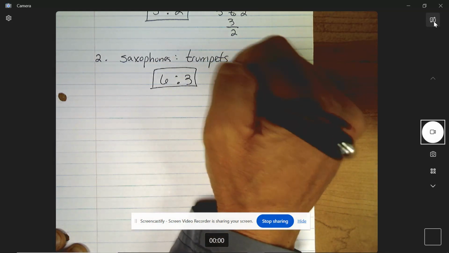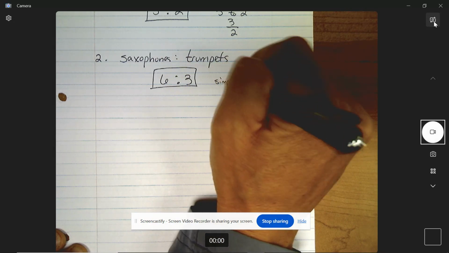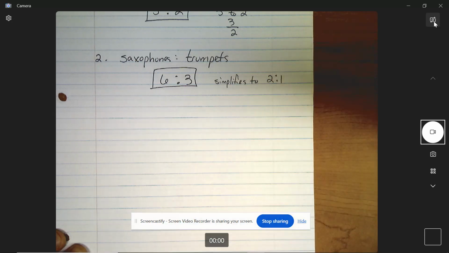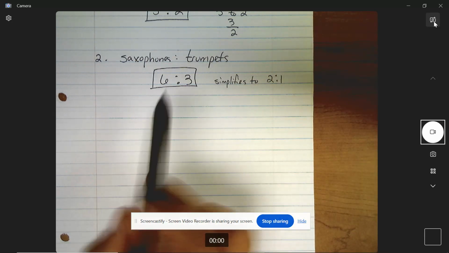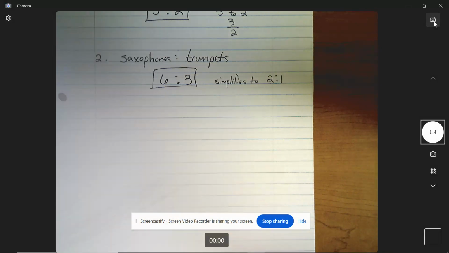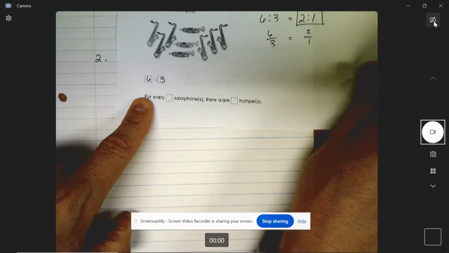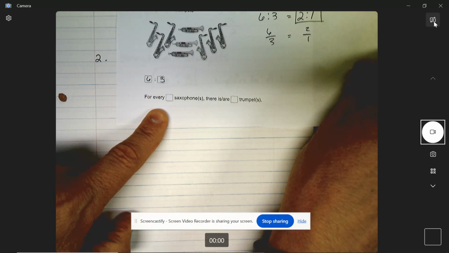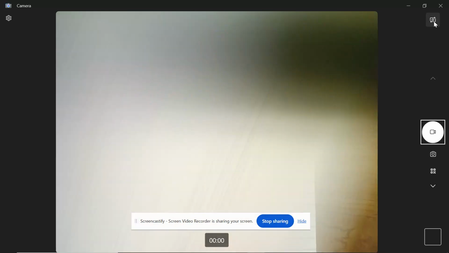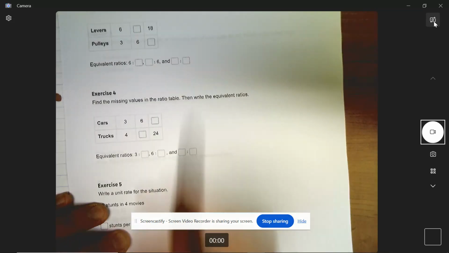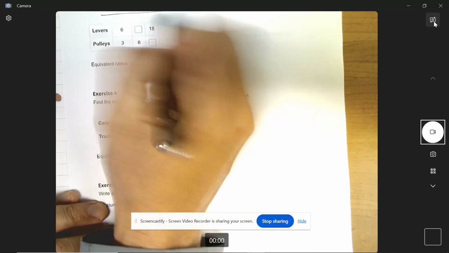But I will also tell you that this will simplify, and you have a 2 to 1 ratio. Okay, but remember in the book, or on the computer, it's going to say what is the ratio. You're going to put in there 6 to 3, and even the book answer key has a 2 to 1 ratio, but the computer says 6 to 3. So far so good?